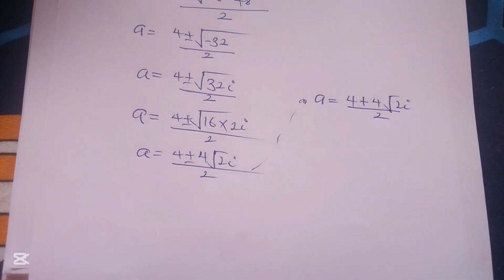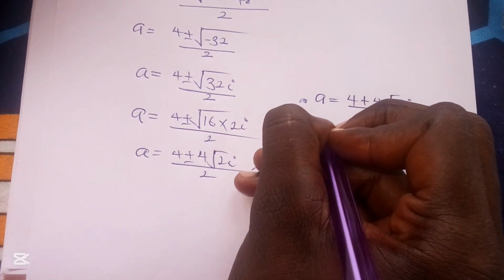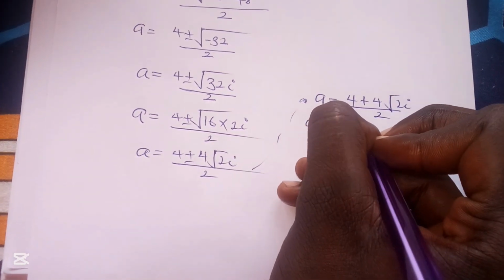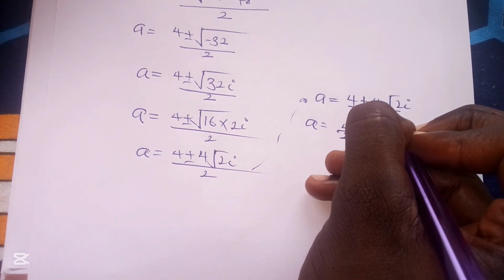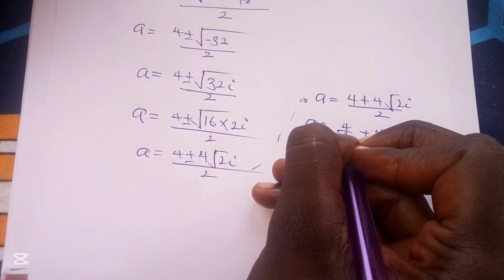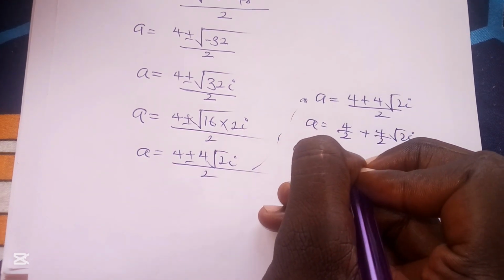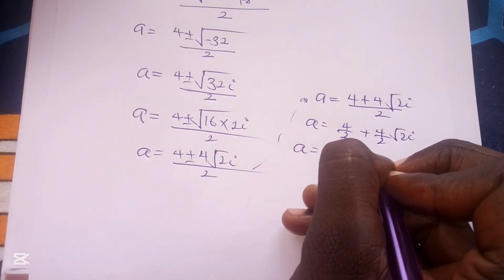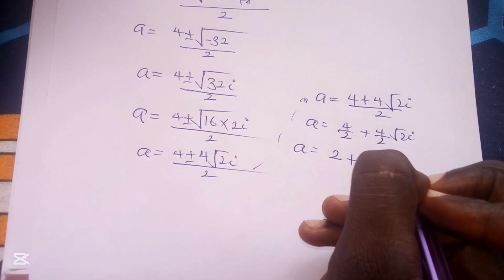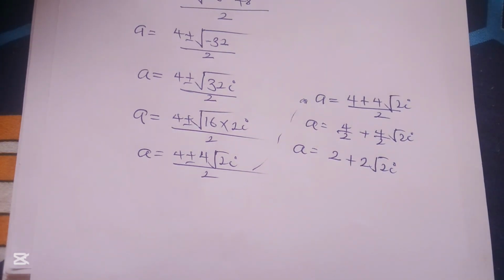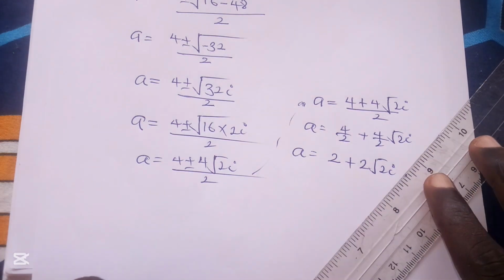If you are separating them, then the value of a becomes 4 divided by 2 plus 4 divided by 2 root 2i. Then 4 divided by 2 is 2, so this becomes 2 plus 2 root 2i. So this is the other value of a that we have to find in the problem we are given.